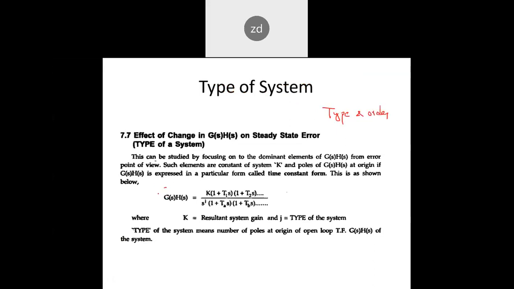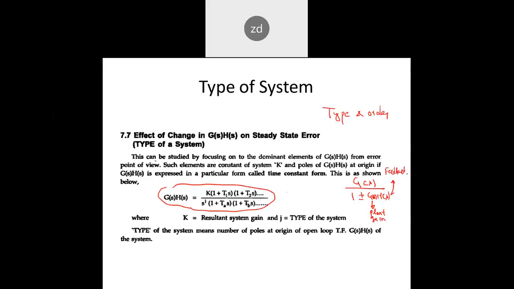Now if you look at this G of S H of S, in any system you have G of S over 1 plus or minus G of S H of S, where G is the plant and plant gain, and H is the feedback of the system.